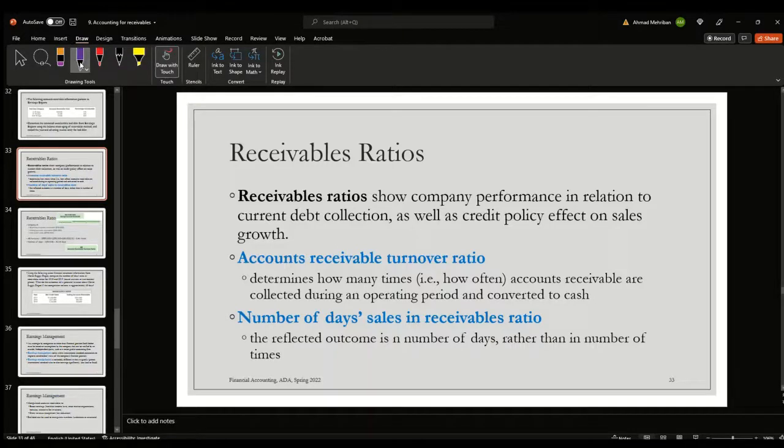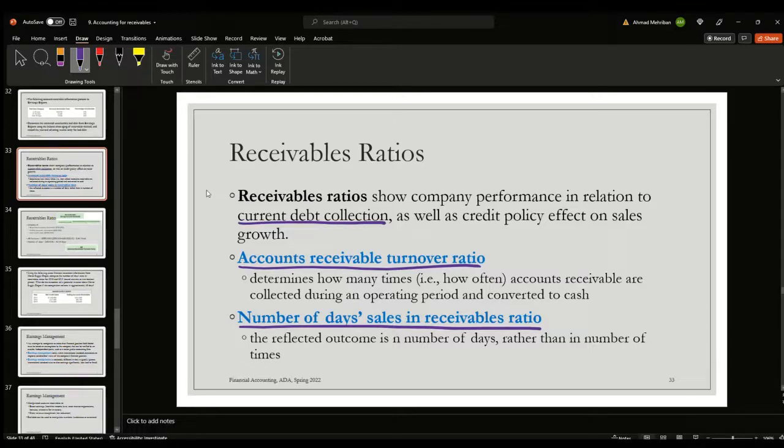So let's go very slowly. We're looking at current debt collection performance, basically how fast the company can collect the debt that is owed to this company. We have two ways of determining it. The first one is the accounts receivable turnover ratio, and the second one is the number of days sales in receivables ratio.